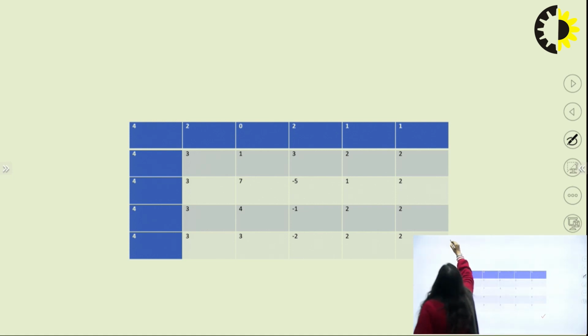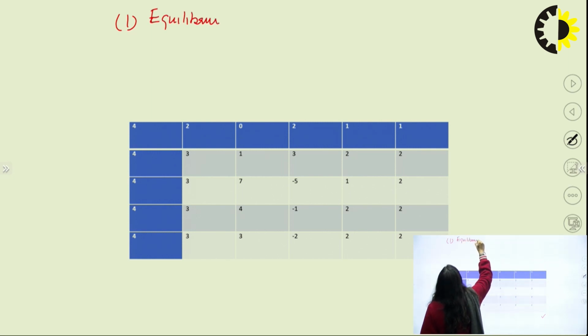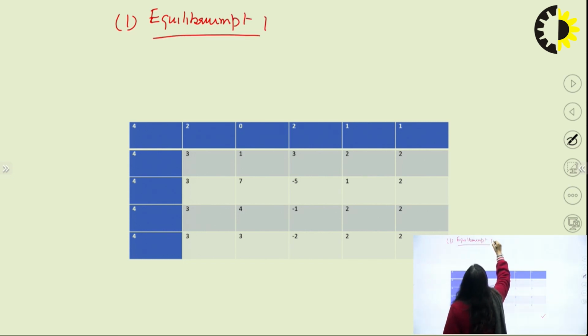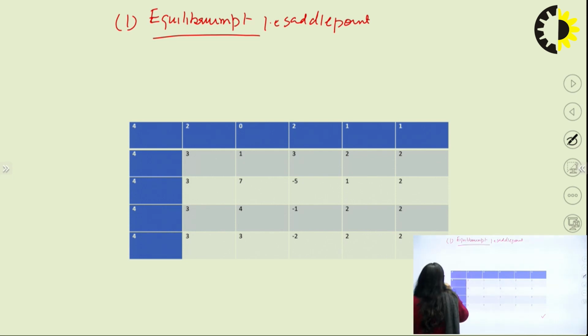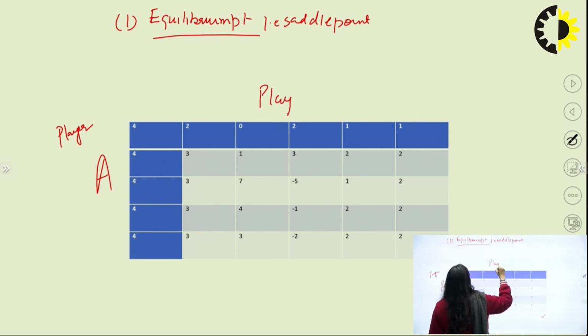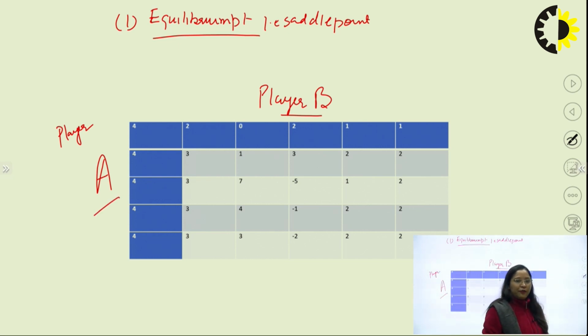First, we have to find out the equilibrium point, that is our saddle point. Now, for saddle point, for example, this is player A and this is player B, and this is known as the payoff matrix.